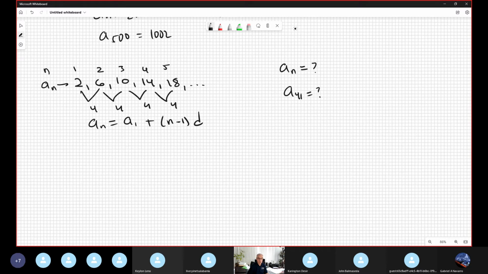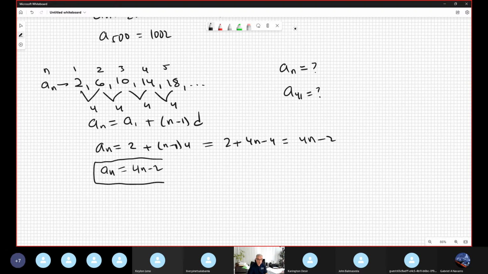So you make sure it's an arithmetic sequence, and the common difference is equal to 4. Then the formula is A sub n equal to the first element, 2, plus n minus 1 times 4. Algebra: 2 plus 4n minus 4 is 4n minus 2. A sub n formula is 4n minus 2.